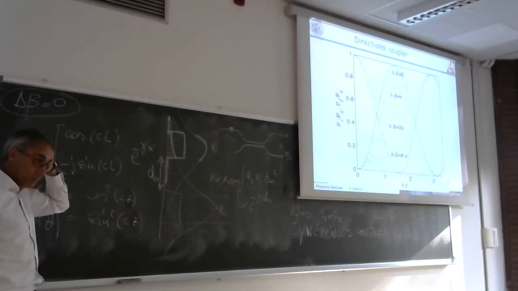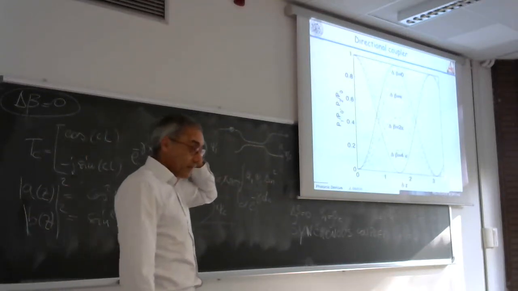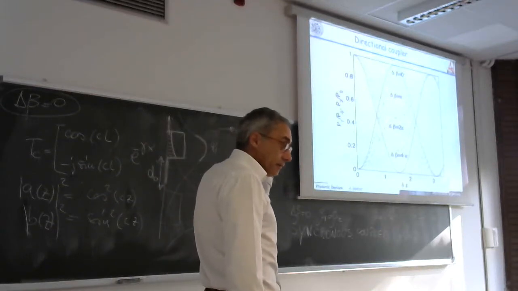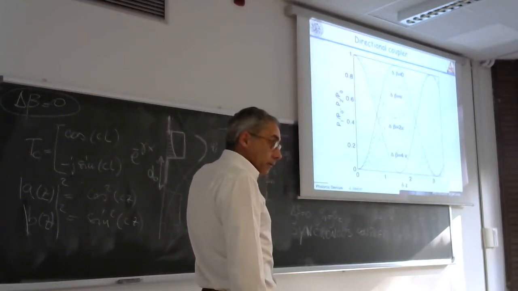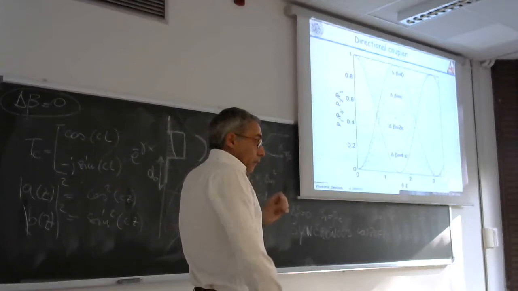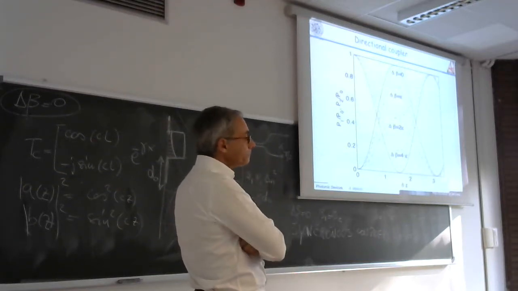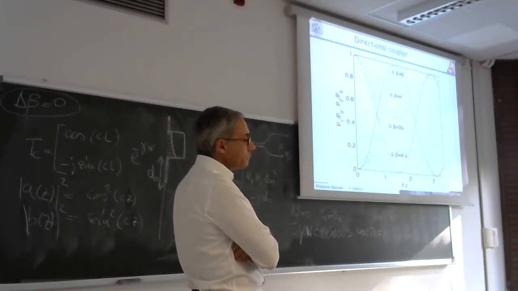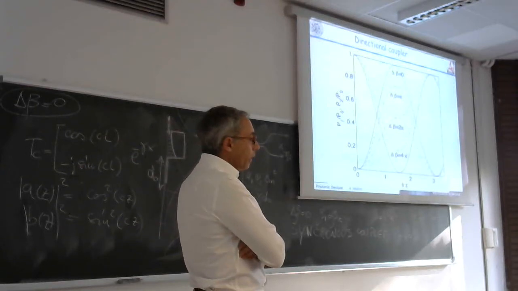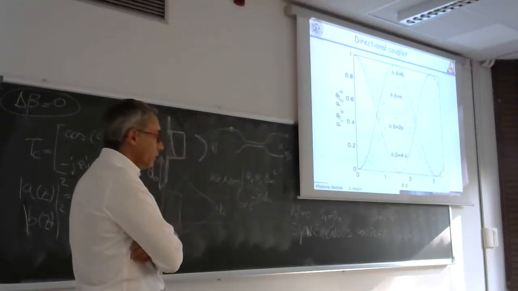I know my question was because I was thinking that beta is also your phase constant. So when you're saying it's synchronous and the delta beta is 0, but the phase shift is half pi, I was thinking to relate it.